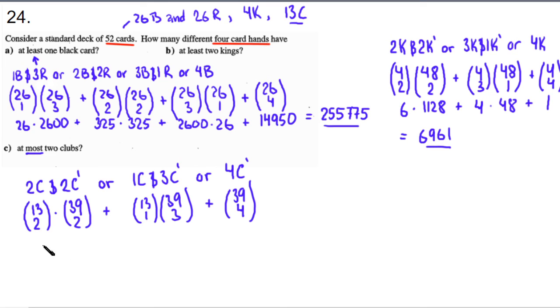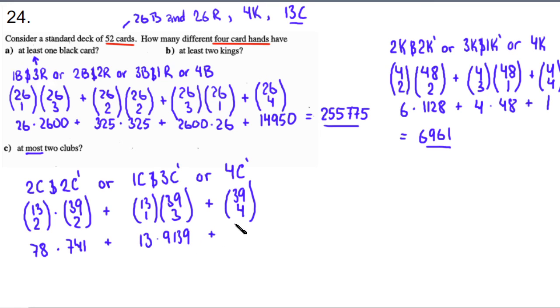13 choose 2 is 78. 39 choose 2 is 741. 13 choose 1 is 13. 39 choose 3 is 9,139.